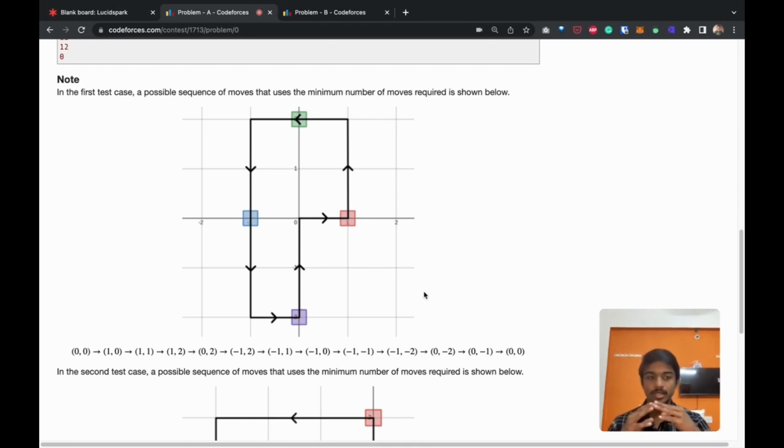Let's sort all the x-axis first, but it again should not go back. So if the number is here and if the number is here, it should go here. Then it should traverse all the x-axis. Okay, then it should traverse all the y-axis. Then it should go down, traverse all the x-axis.